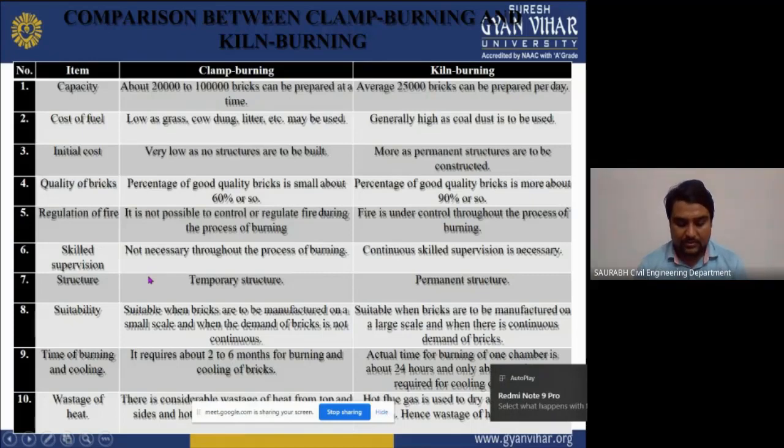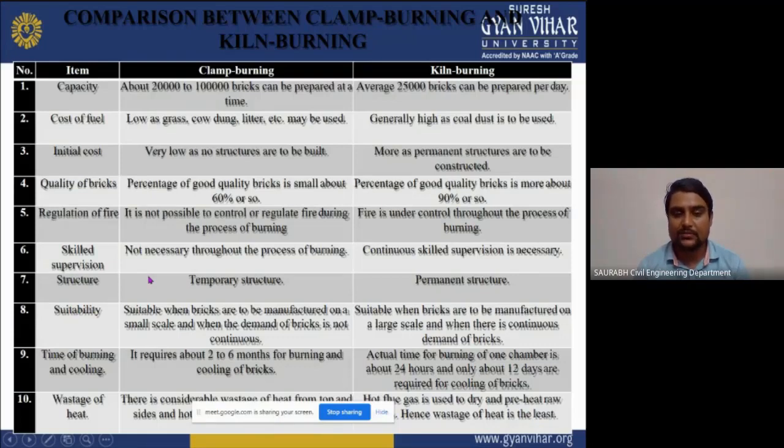Skilled supervision: here it is not necessary throughout the process of burning, but in clean burning, continuous skilled supervision is necessary. Structure: in clamp burning, you can prepare a temporary structure, but in clean burning, you have to prepare a permanent structure, which is in the form of chimneys.